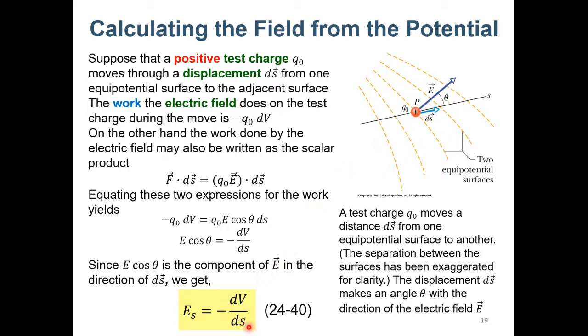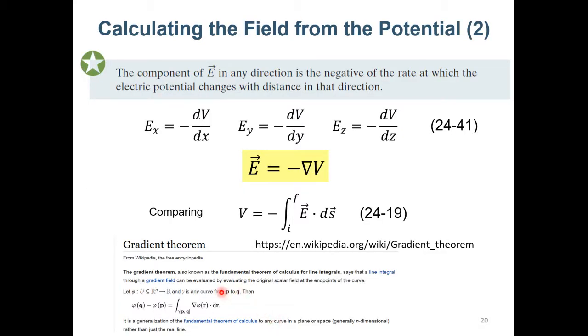So we finally write it like this: Es equals minus dV/ds, the derivative of V along the S axis. This is called the gradient theorem, or the fundamental theorem of calculus for line integrals, as presented in the previous slide.